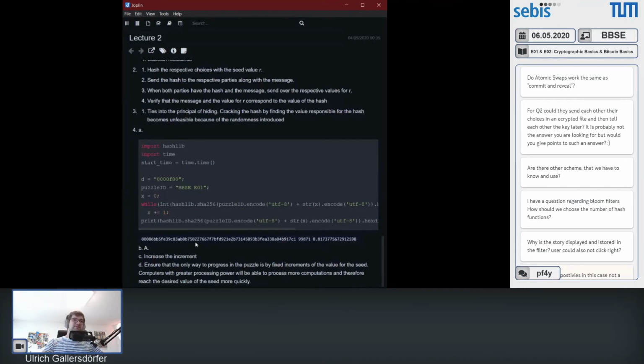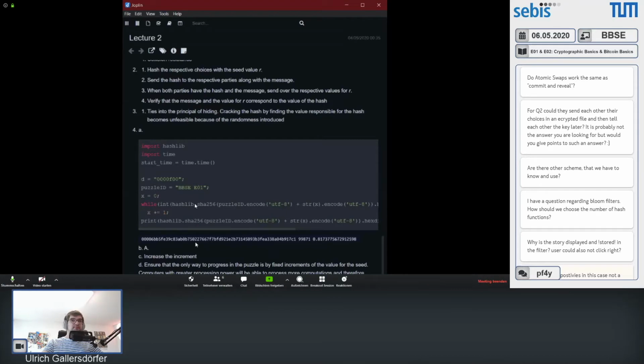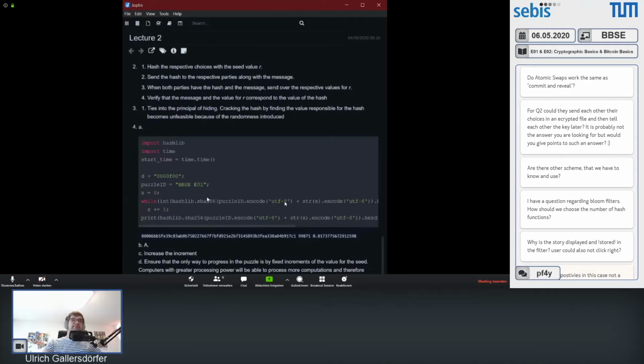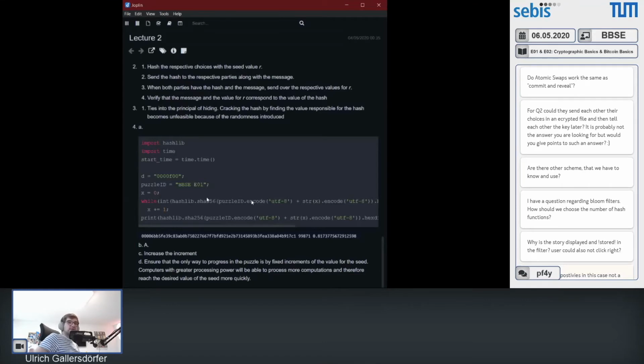I have a different solution, and I think the reason for that is because in your code you encode the puzzle ID as UTF-8, and you used a blank instead of an underline in the puzzle ID. That could be the reason for it. But it's correctly programmed, and you did it actually right.